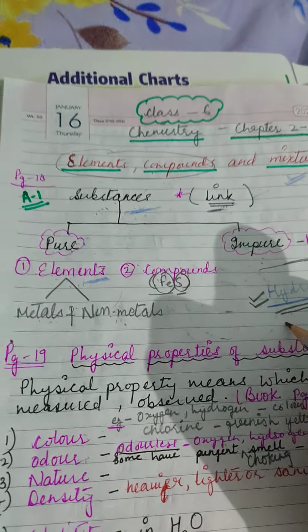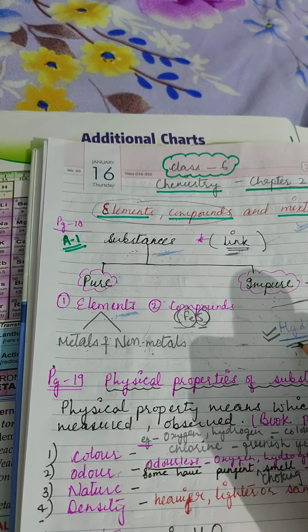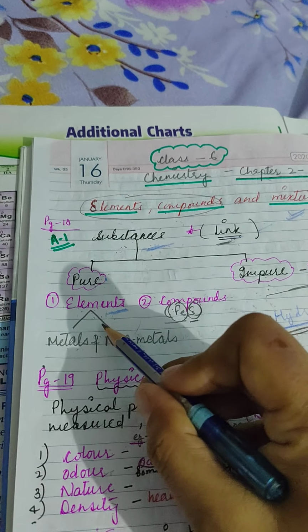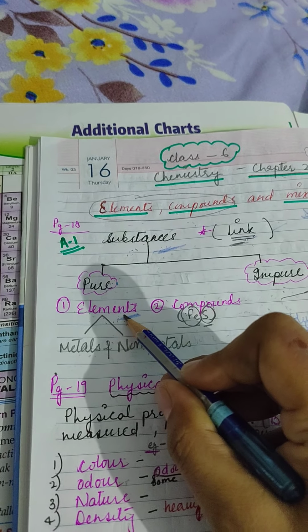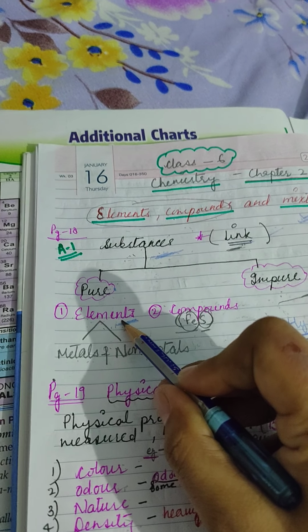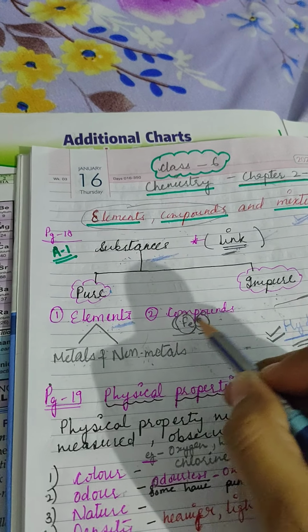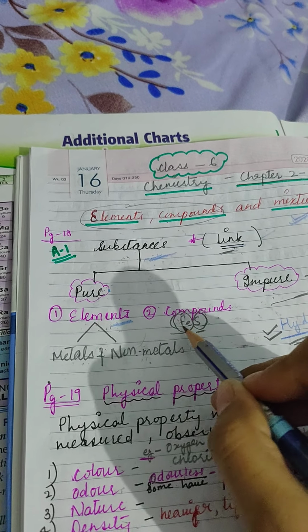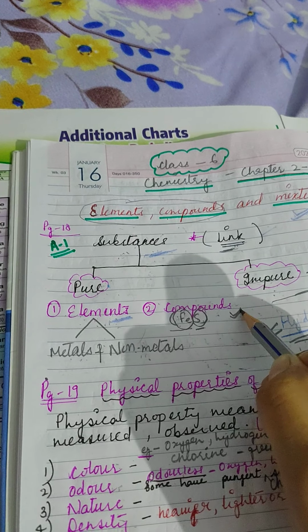And if it is carbon, all the atoms in the carbon element will be similar. In an element all the atoms are similar, whereas in a compound, atoms of various elements combine to form the compound.